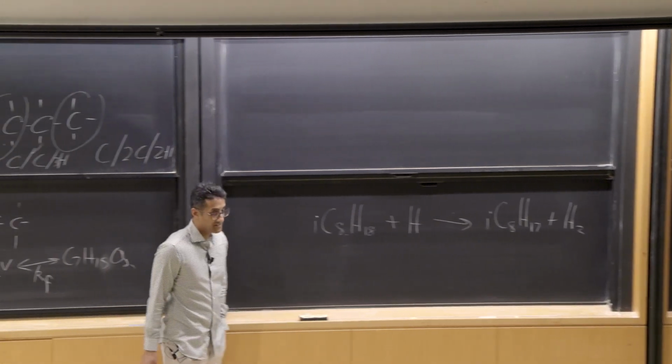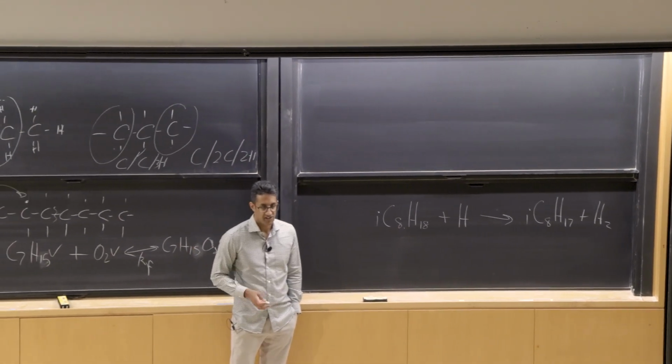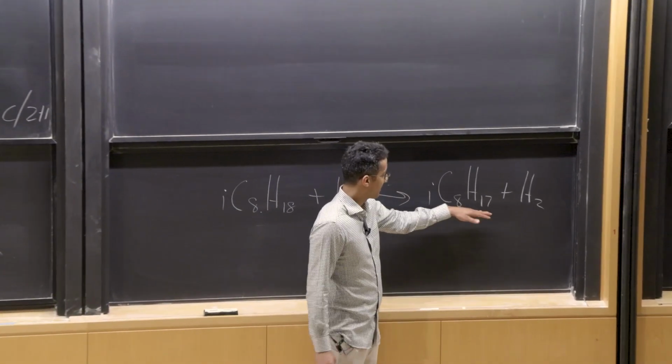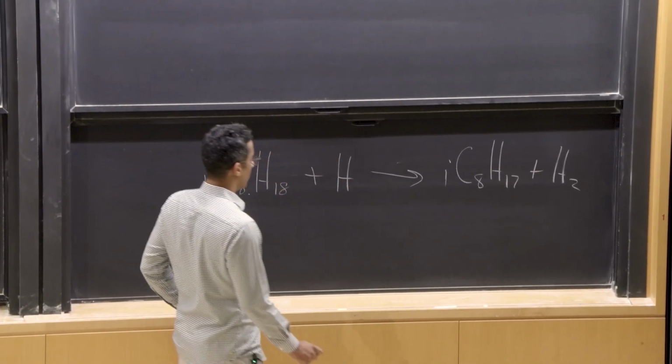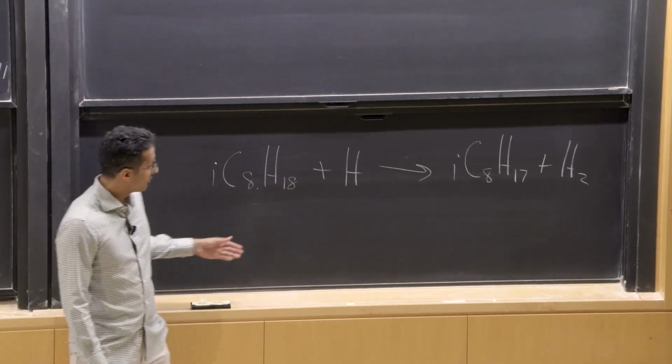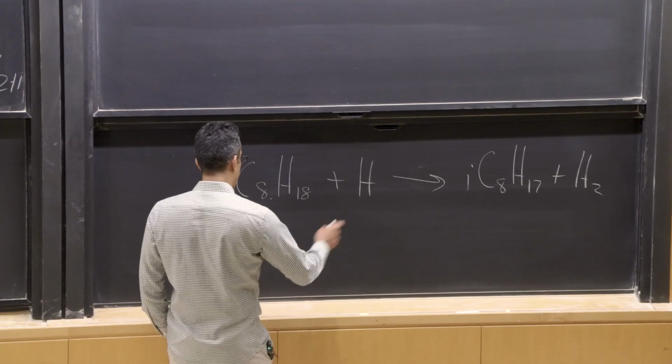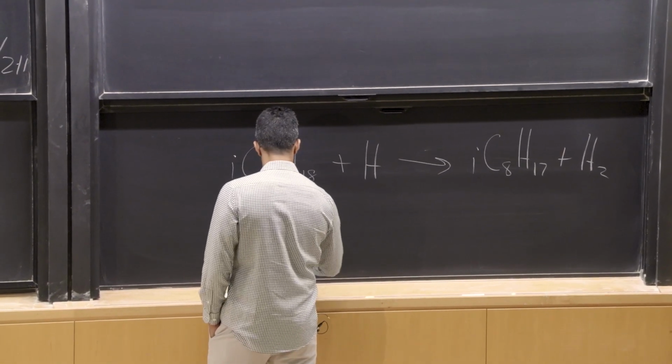Isooctane is IC8H18, a simple notation you might see in a model. You take a hydrogen off, you make it IC8H17 plus hydrogen. But you'll find some models, they always write this only in one direction. And then they write another reaction like this.